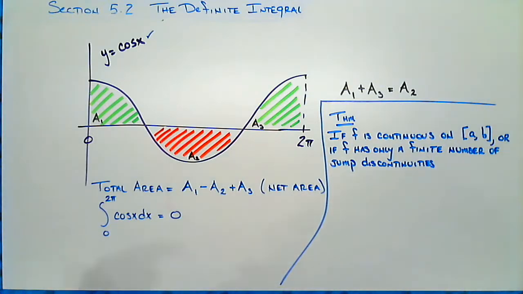All right, so now we're saying maybe our function is continuous, or if it's not continuous, it has only a finite number of jump discontinuities.